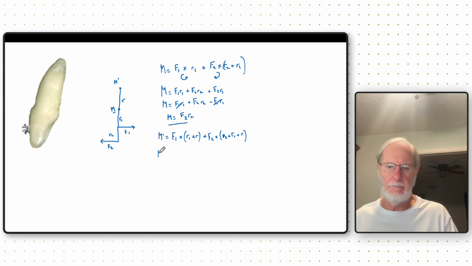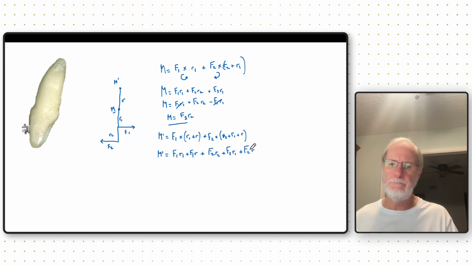So M prime equals F1 R1 plus F1 R for this parenthesis, plus F2 R2 plus F2 R1 plus F2 R. So then we can have a look at it again.